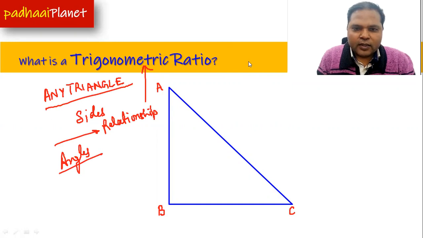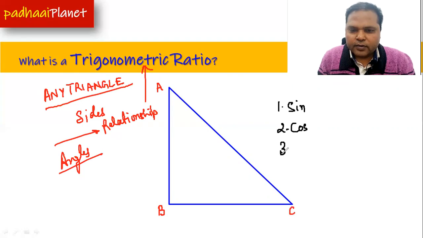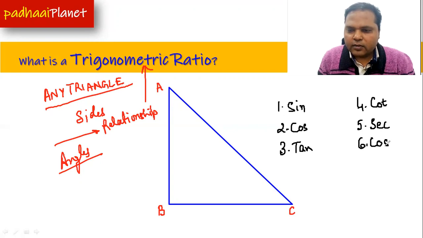In total there are six trigonometric ratios. The first one is sine, then we have cos, then tan. The fourth one is cot, then we have sec, and the sixth one is cosec, right?